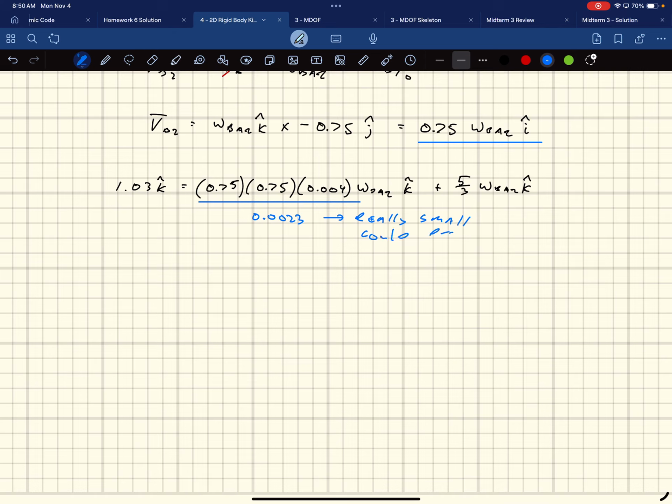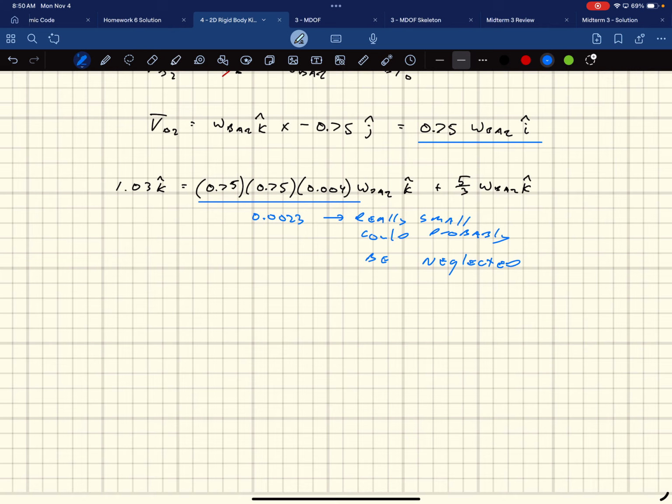It could probably be neglected. I usually try not to write like this. See, now you see why I type, right? So that number is really small. We could probably ignore the projectile after it gets embedded. That's the point I'm trying to make. The next example we do, we will ignore it.